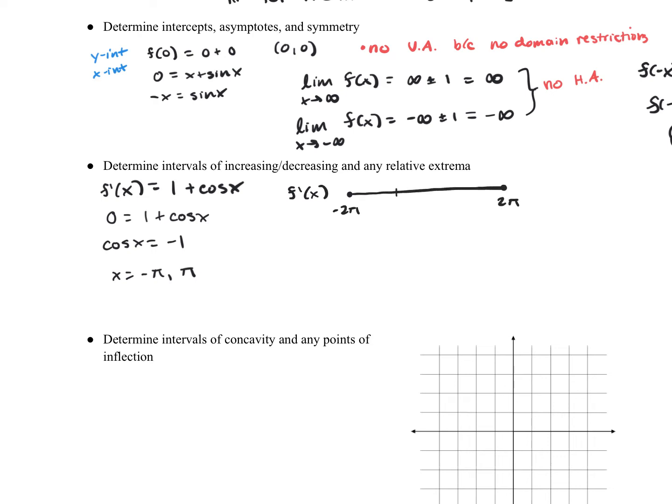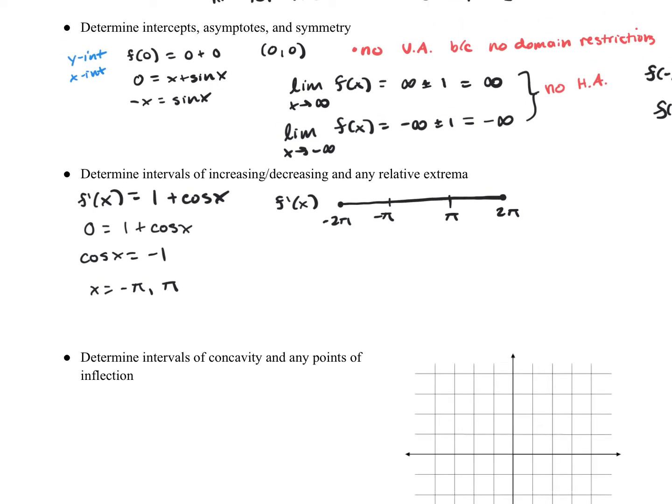And then here's negative pi and positive pi, our critical points, and then we can plug in different values to see the sign of our first derivative. If you pick strategically, like negative 3 pi over 2, the cosine of that is 0, so we're just left with 1, so that gives us a positive.